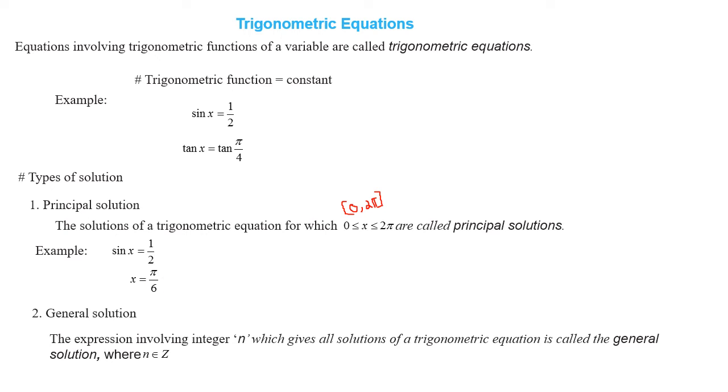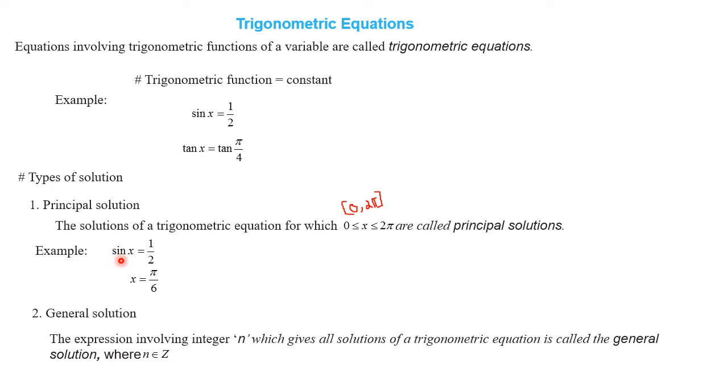General solution means the expression involving an integer n which gives all solutions of a trigonometric equation is called the general solution. The general solution will always carry an integer n which gives all solutions of a trigonometric equation.